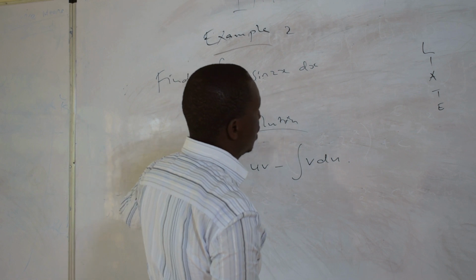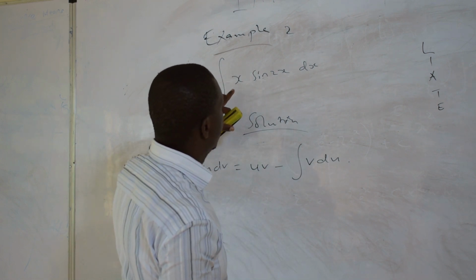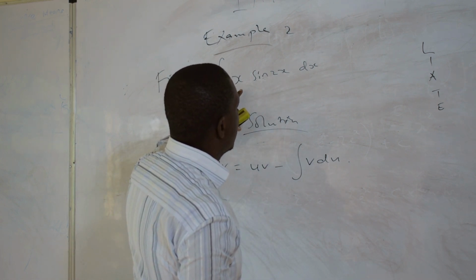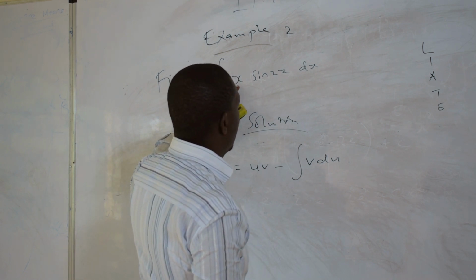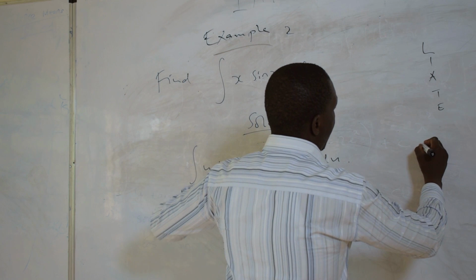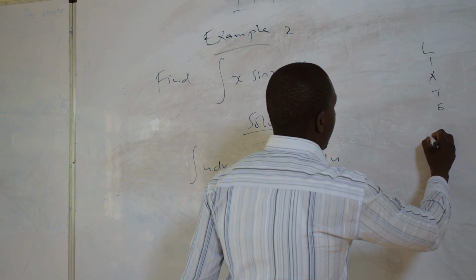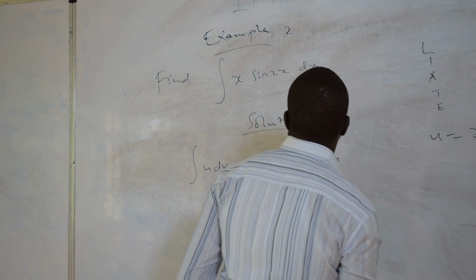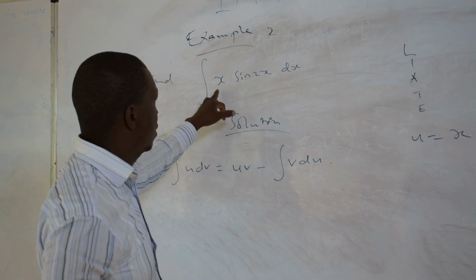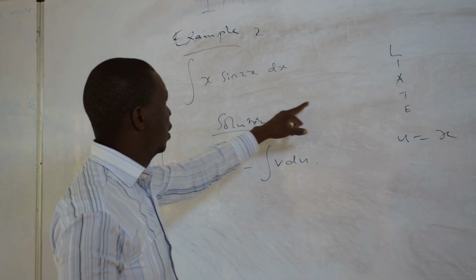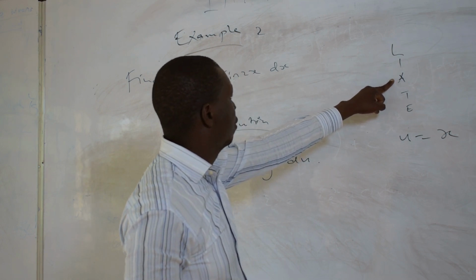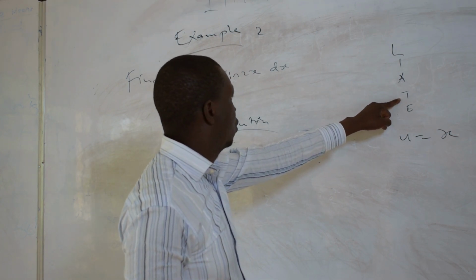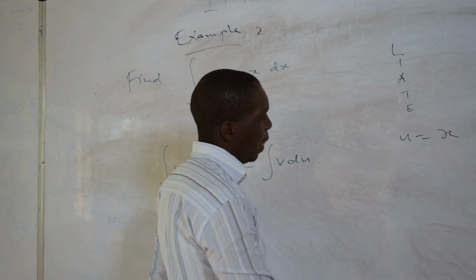Our u becomes x, because x is an algebraic function, and the algebraic function comes before trigonometric functions, which is sine 2x.